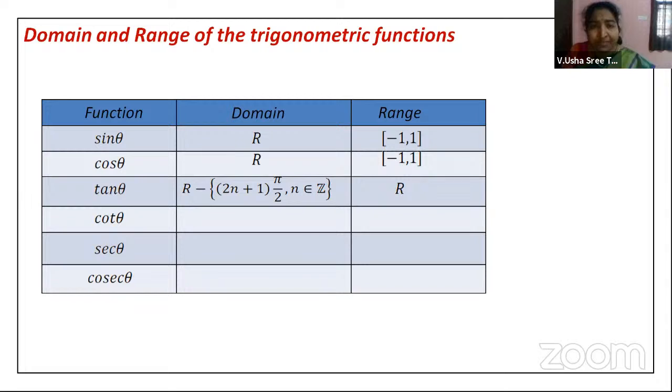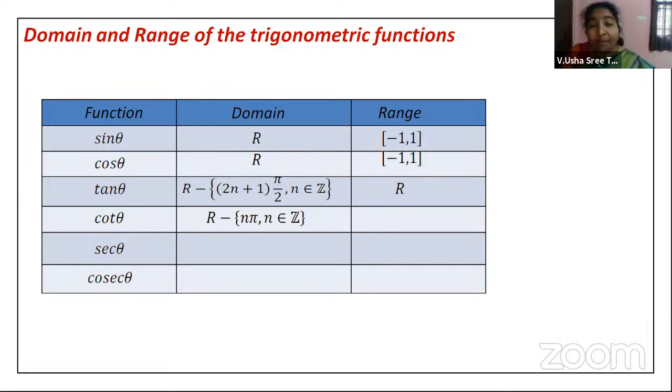It can be a positive integer or a negative integer. Then the range will be R. Then cot, what did you observe? Cot takes an undefined value exactly at multiples of 180 degrees, multiples of pi. Therefore, we will remove multiples of pi from R.